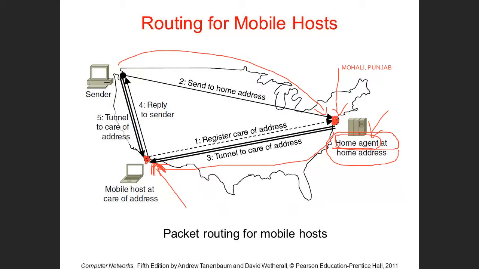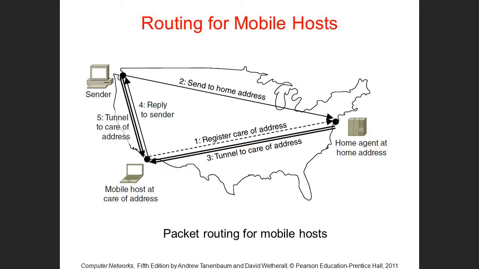So hopefully this definition itself has made many things clear. When the sender sends the packet to the home agent, the home agent forwards it to where the recipient is right now, in the foreign location. So hopefully you got this triangle.